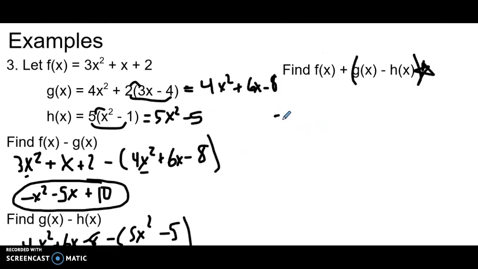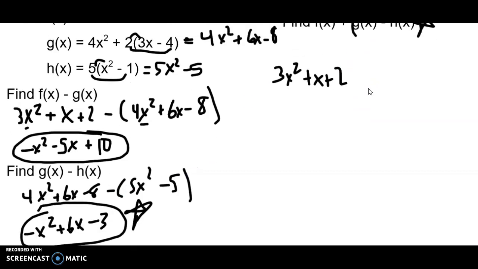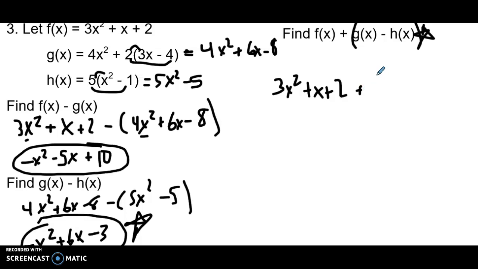So f of x is 3x squared plus x plus 2. And then g of x minus h of x is what we're adding, is negative x squared plus 6x minus 3.